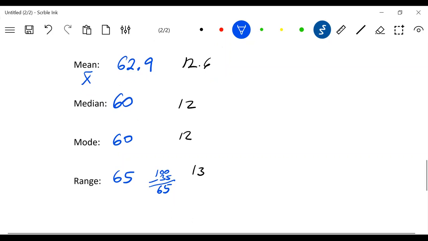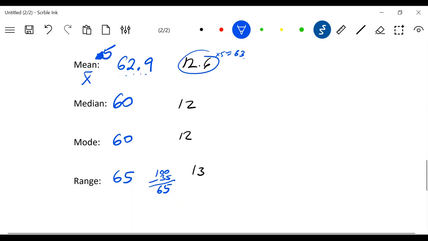So if I take the original 12.6 and I multiply that by 5, I get 63, which is very close to this, and it's very possible it's just rounding that makes the difference. I mean, since that's so close, it's clear that it's just a rounding thing. 62.9 rounds to 63. So that means the mean can multiply by 5.